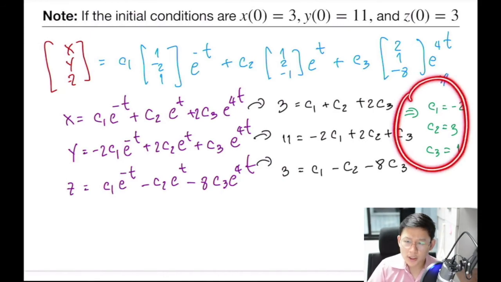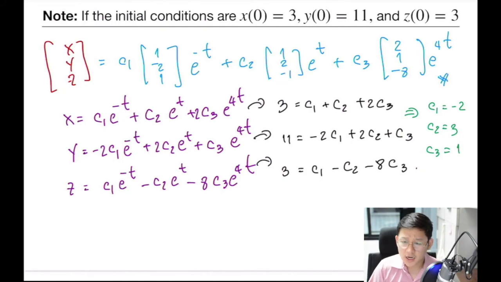I'm not sure if these constants are computed correctly. If they aren't, you just compute it, because there's a typo in the book. But anyway, it's quite easy to compute c1, c2, and c3. So the solution would be, assume that these c's are correct.